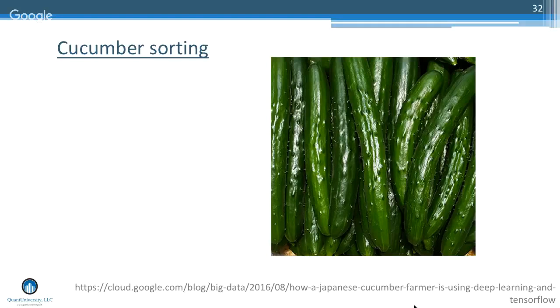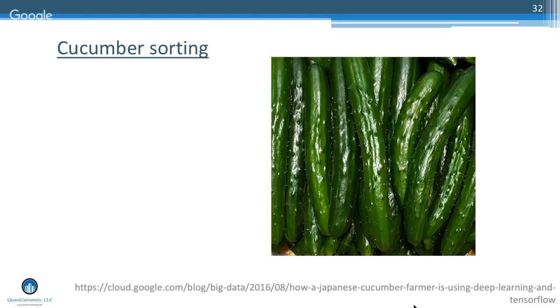There's some Japanese farmer who's like, you know what? We spend way too many hours sorting cucumbers by size and shape into different buckets to sell them from our farm. So how about I build a little thing with TensorFlow and some cheap Arduino servo things to build a cucumber sorter.